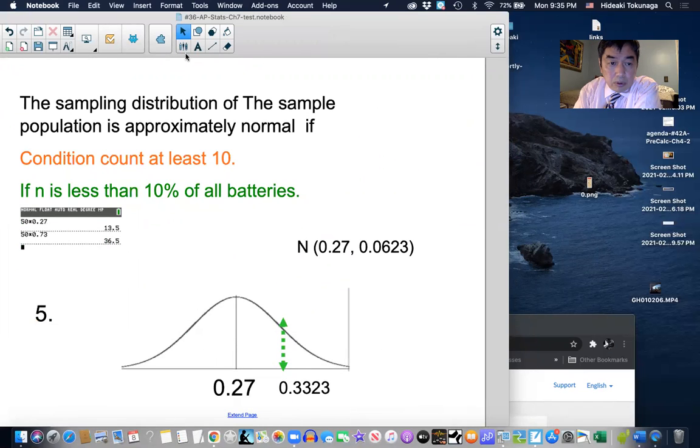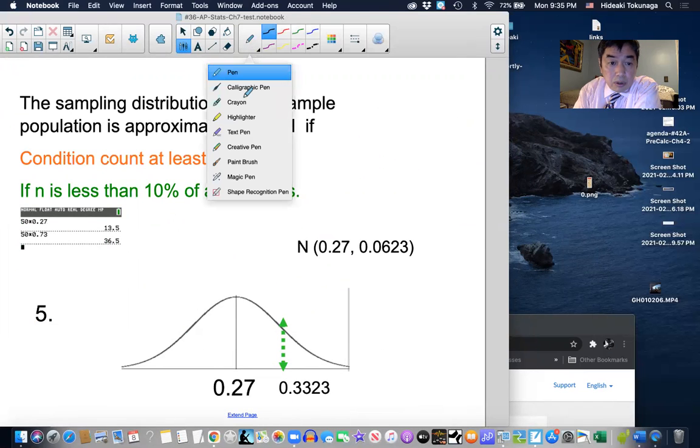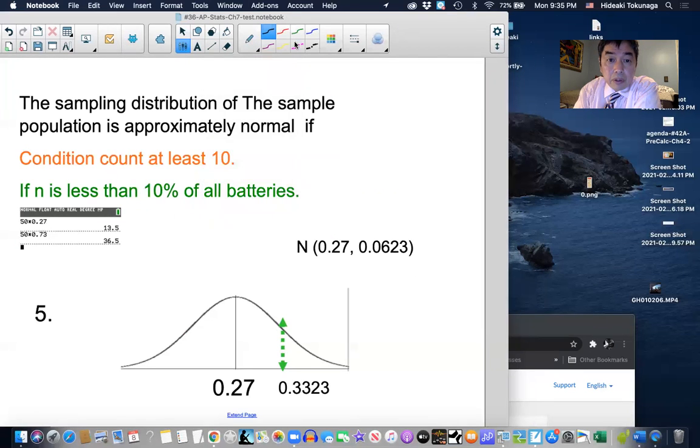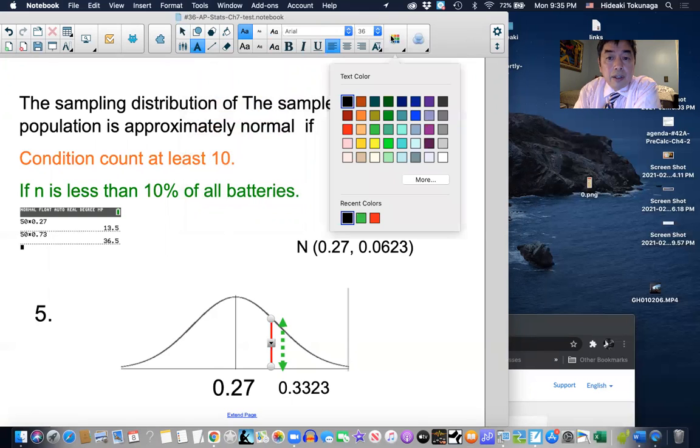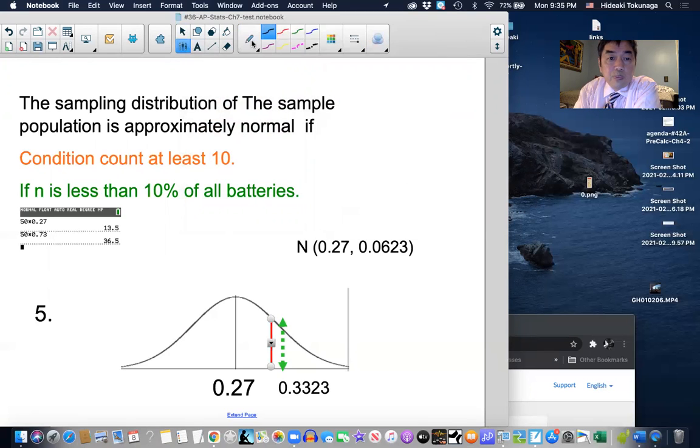So if I come up, the solid line will be the cutoff line. So around here maybe. And I will change this to color red. And I will highlight above, right? So it's going to be this highlighted area this question is talking about.